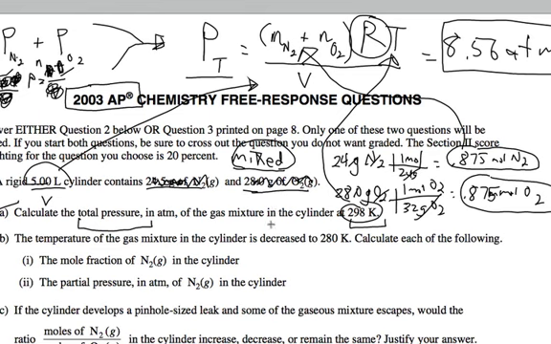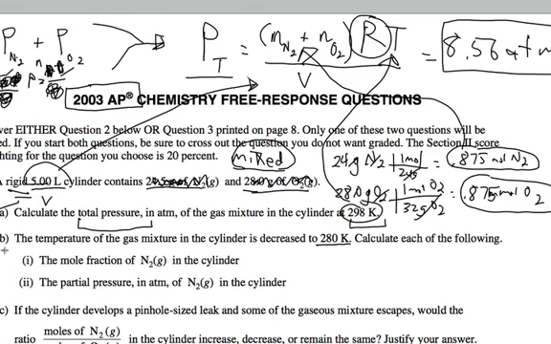In this one, it says the temperature of the gas mixture in the cylinder is decreased to 280 Kelvin. Calculate each of the following. So I'm going to draw a little picture to help you out. We have this cylinder that's 5 liters, and inside the cylinder we have 0.875 moles of N2 and 0.875 moles of O2, inside this rigid cylinder.